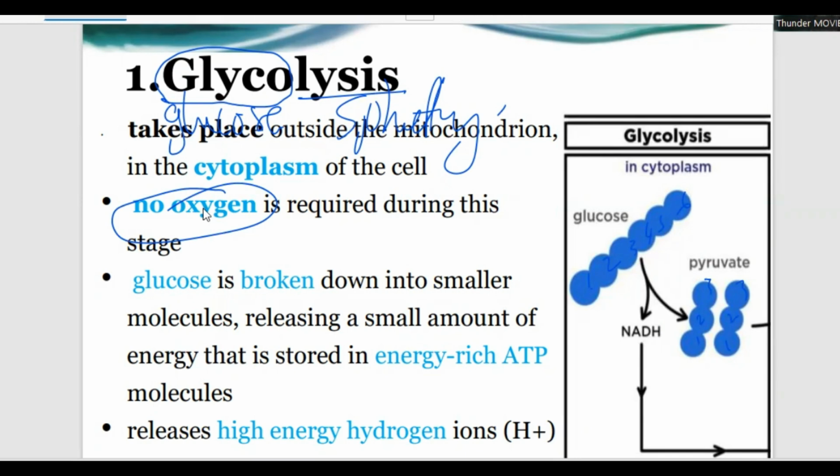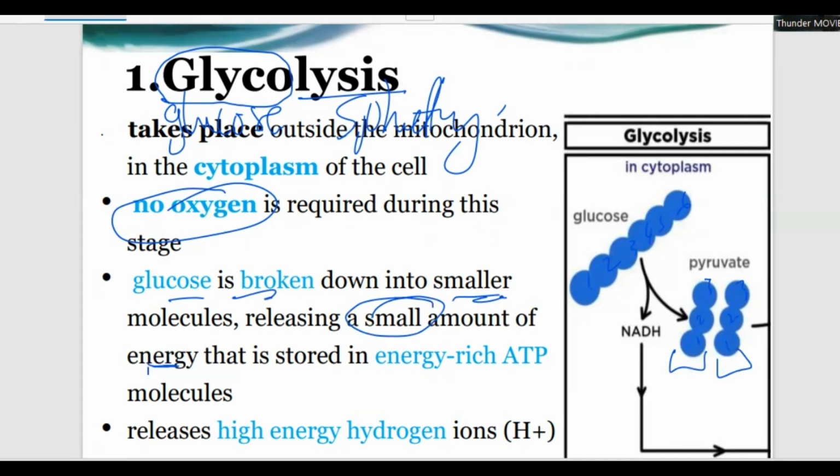Why? Because those 2 phases require oxygen. It is only glycolysis which takes place without oxygen being present. So the glucose molecule is broken down into smaller molecules made up of 3 carbon atoms, and a small amount of energy is released and stored in energy-rich ATP.